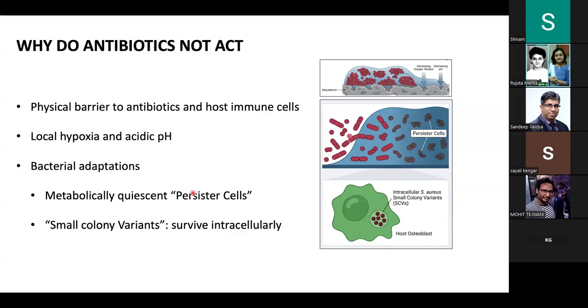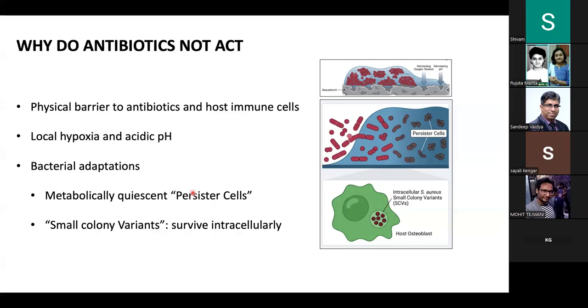And thirdly, within the biofilm, the bacteria themselves undergo some transformations. Number one, the bacteria convert into what are known as persister cells. Persister cells are bacteria with very low oxygen demand and metabolic activity, and therefore these cells are highly resistant to action by antibiotics.